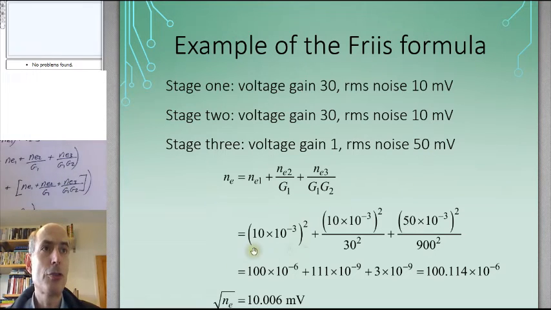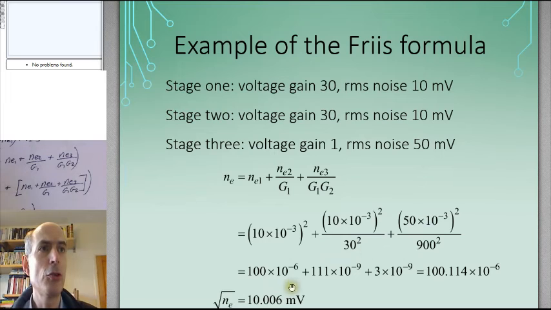Well, I can just substitute the numbers into the Friis formula, bearing in mind, of course, that all of these equivalent input noises are noise powers, so I need to take the square of the noise in volts, and these gains, G1, G2, are power gains, so I need to take the square of the voltage gain to calculate those.